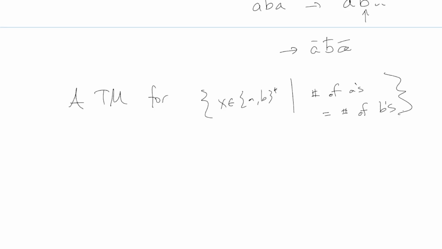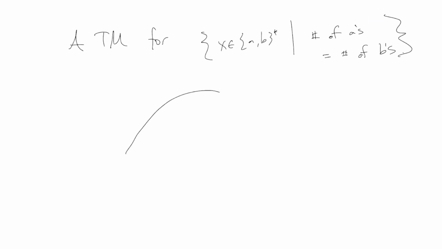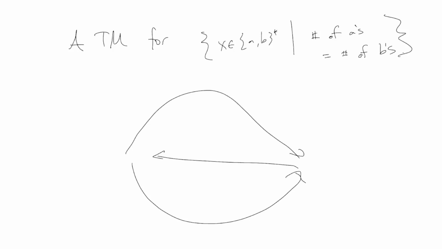All right? This is going to have a very similar shape to the one that we just did. It again is going to look sort of like this. Because the strategy, the number of A's equals the number of B's, I'm talking about something like A, B, A, B, B, A, B, right? The idea is you should mark an A, and then you want to cancel it by marking a B. The number of A's and the number of B's has to be the same.